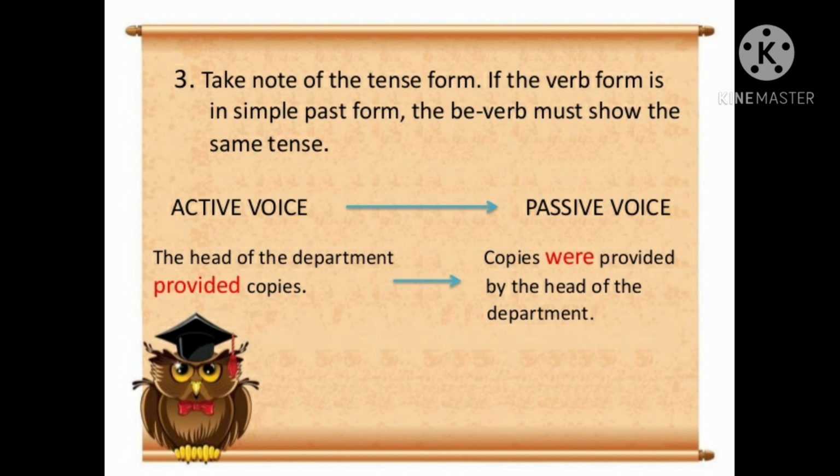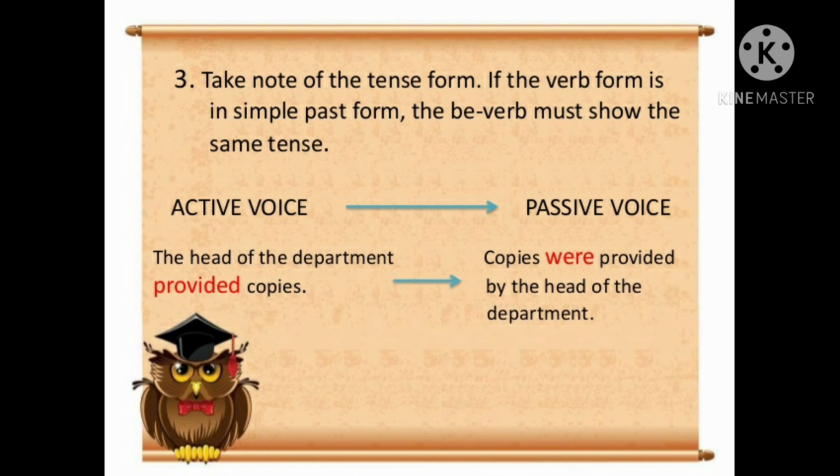Was or were plus V3, past participle. Now here provided will change into were provided. Why have I written were there? Because copies is in plural form. That's why I have written were there. Copies were provided by the head of the department.